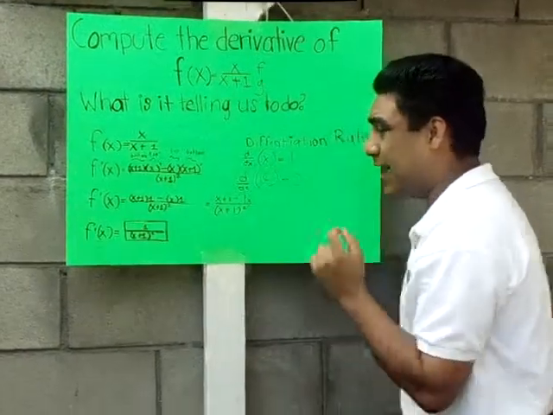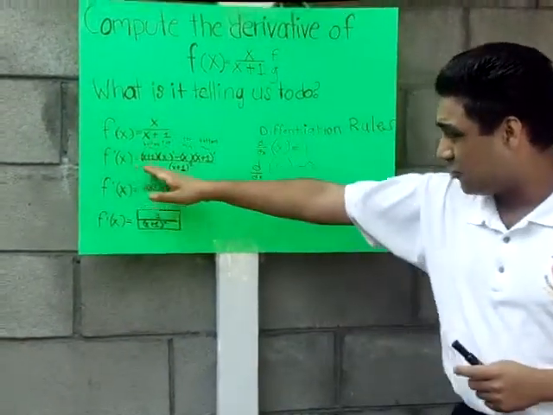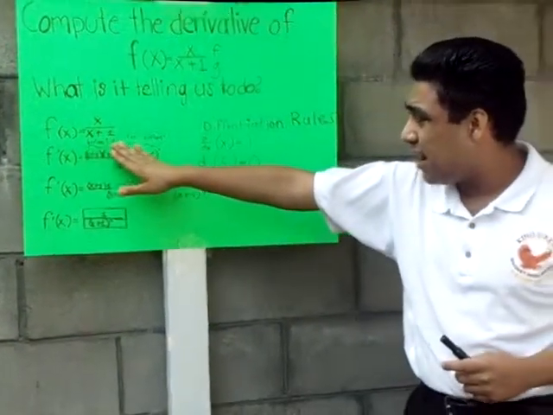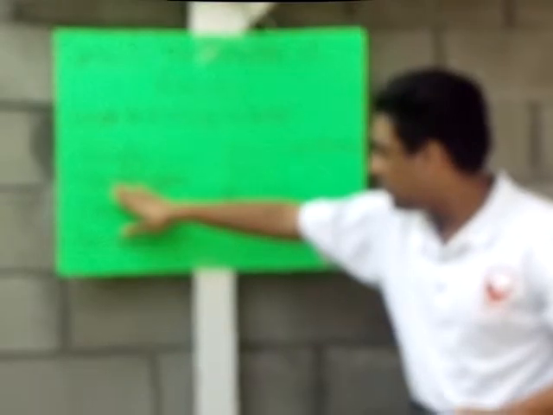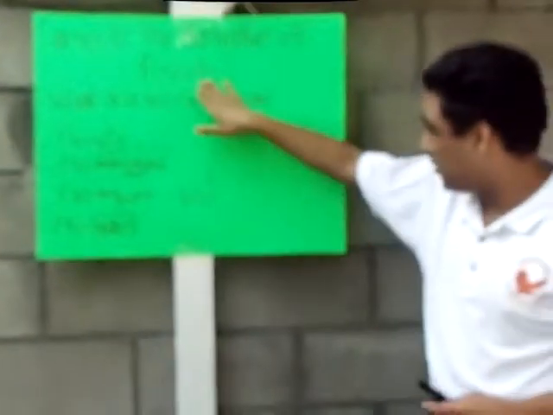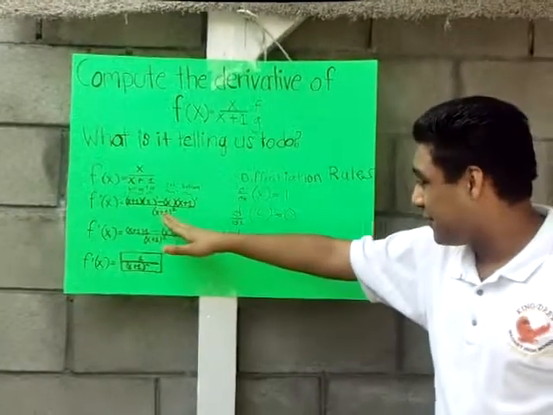Take the derivative of f of x. Now, this is the quotient rule. The bottom will be g, which is x plus 1 over here, times the derivative of the top. This x is right here, you see? Derivative of that.